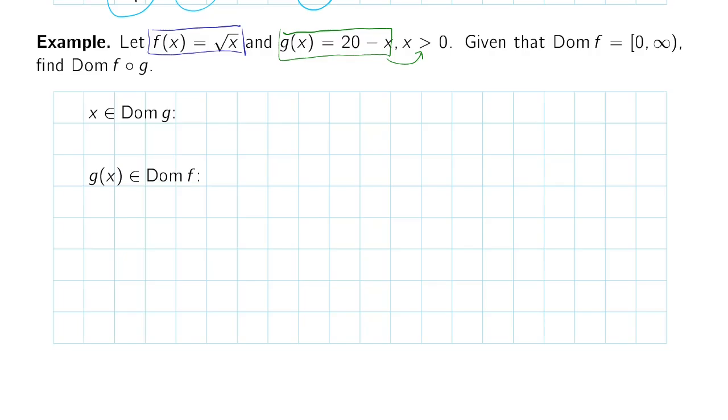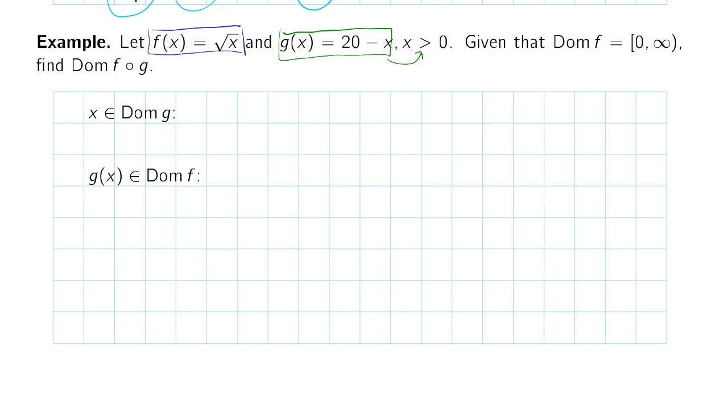Right? So we're not going to use the implicit domain of 20 minus x. We're going to use the explicitly given domain x has to be greater than 0. 20 minus x, the implicit domain is all real numbers, but we're only going to use the numbers greater than 0. So the domain of g is given to us. It's x greater than 0.